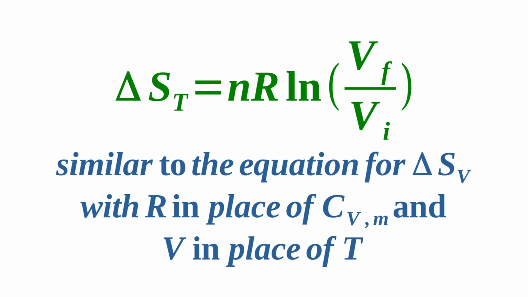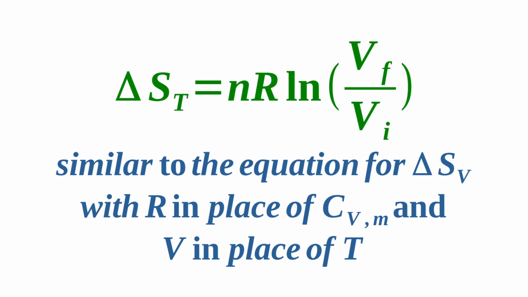Using the Clausius definition of entropy change, one can derive the equation for the change in entropy accompanying a change in volume from Vi to Vf during an isothermal process undergone by an ideal gas.